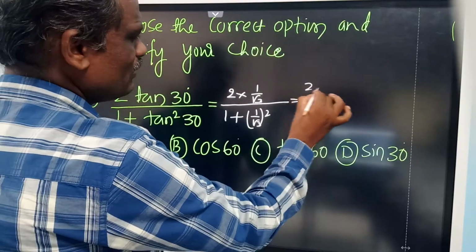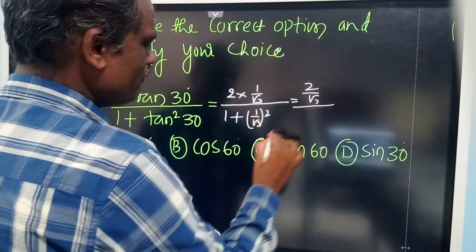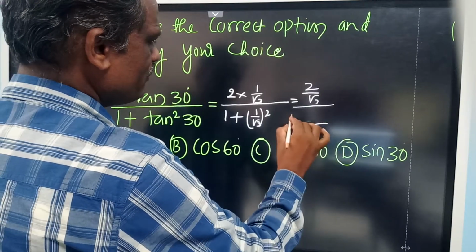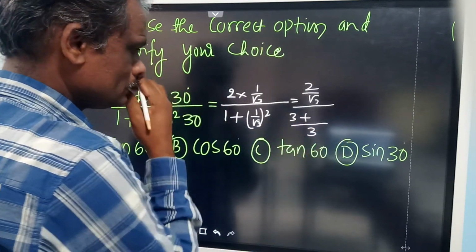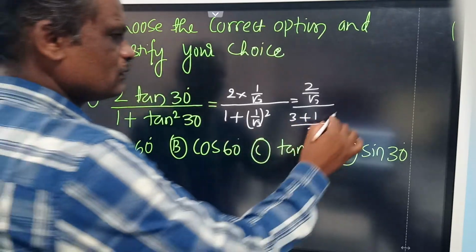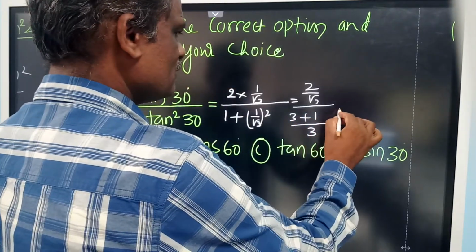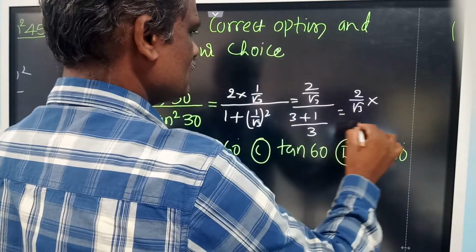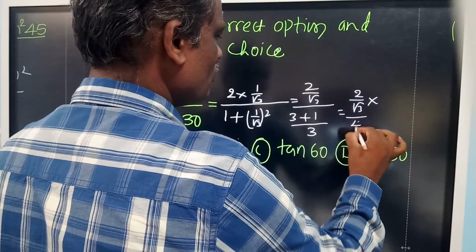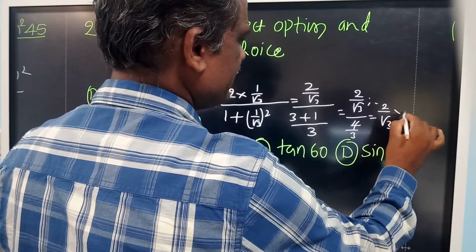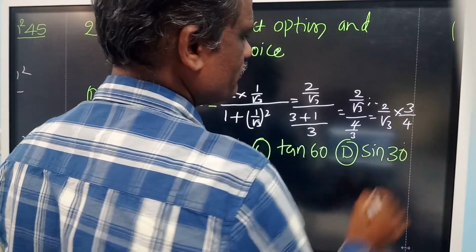Now you simplify 2 by root 3. So the denominator will become root 3 whole square means it is 3. So it becomes 3 plus 1. So what happens? We simplify 2 by root 3 into, so this is actually 4 by 3. You will simplify further, 2 by root 3 into 3 by 4.